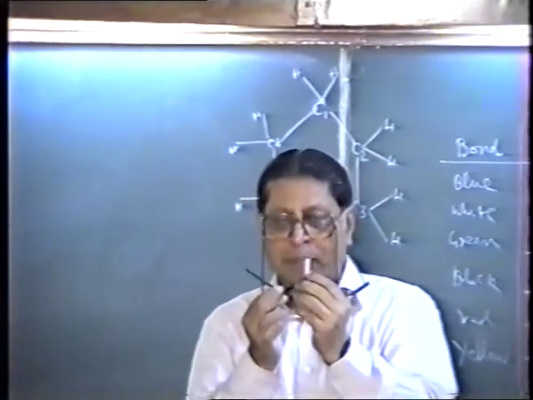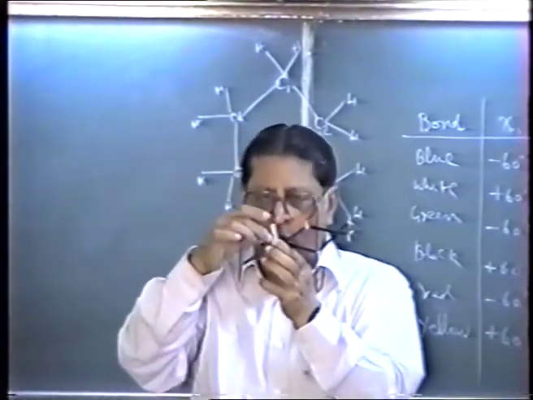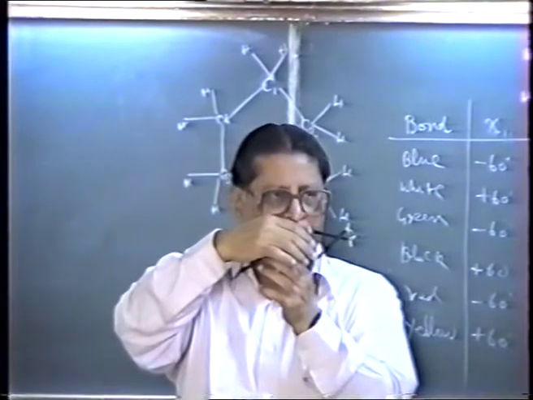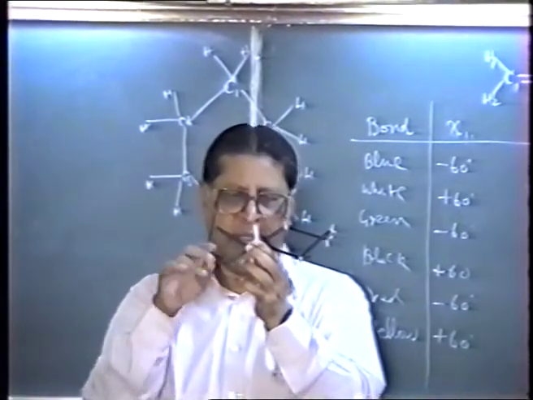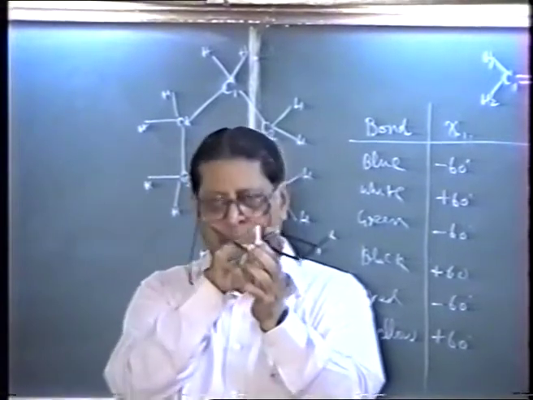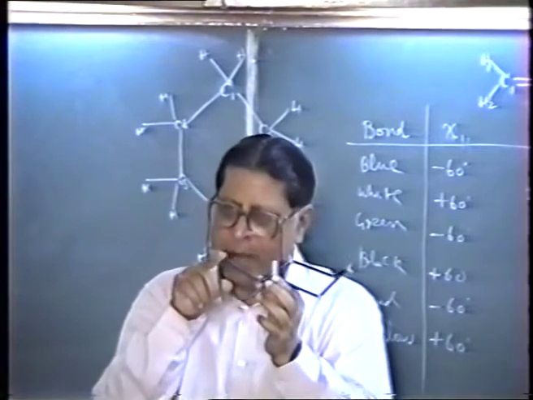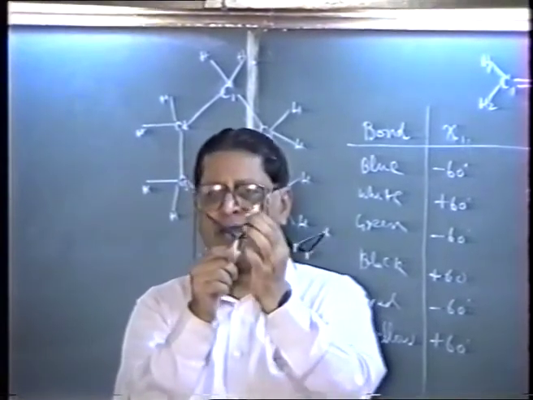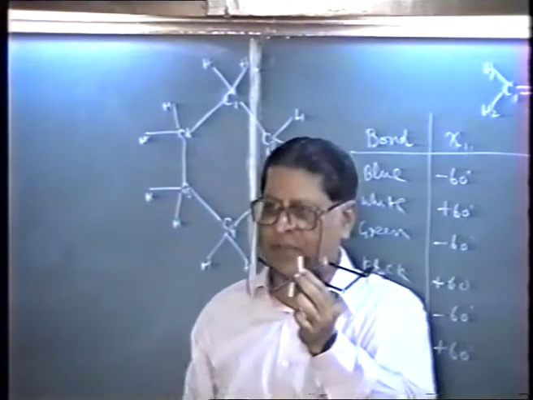Now, let me look at around this bond, about which I have put one is the ring bond, one is an axial bond, one is an equatorial bond. Here again, one is the ring bond, one is an equatorial bond, one is an axial bond. So here white is the axial, black is the equatorial. The ring is clear, we don't need to specifically mention it.